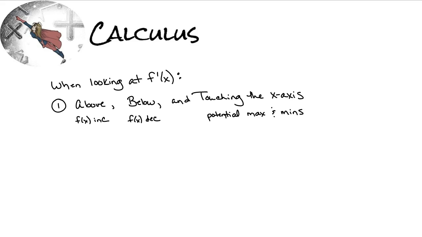Then the second big idea to keep at the front of your mind is, when looking at f prime, number 2, look at where it has positive slope, negative slope, and where it switches.